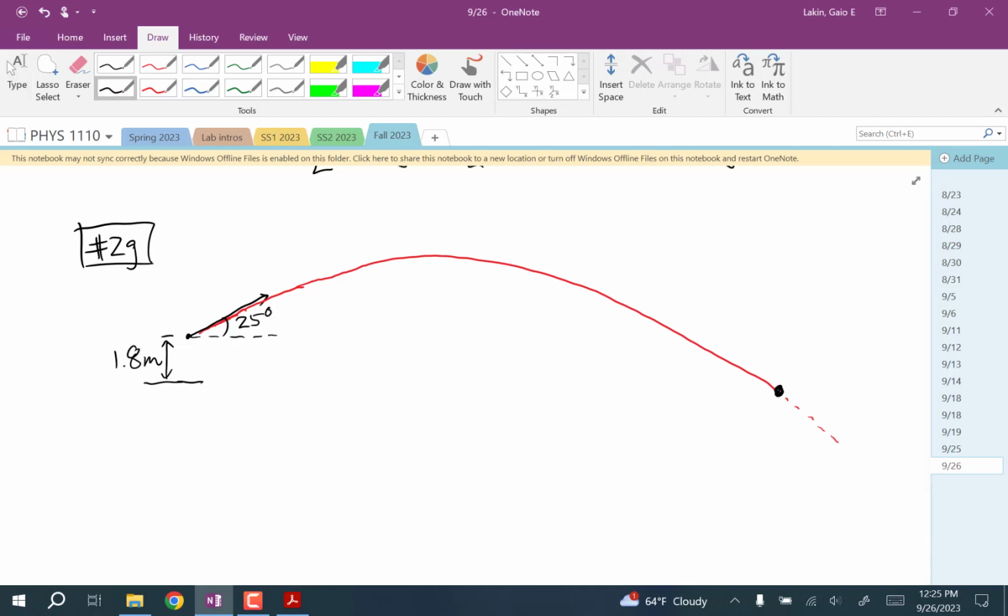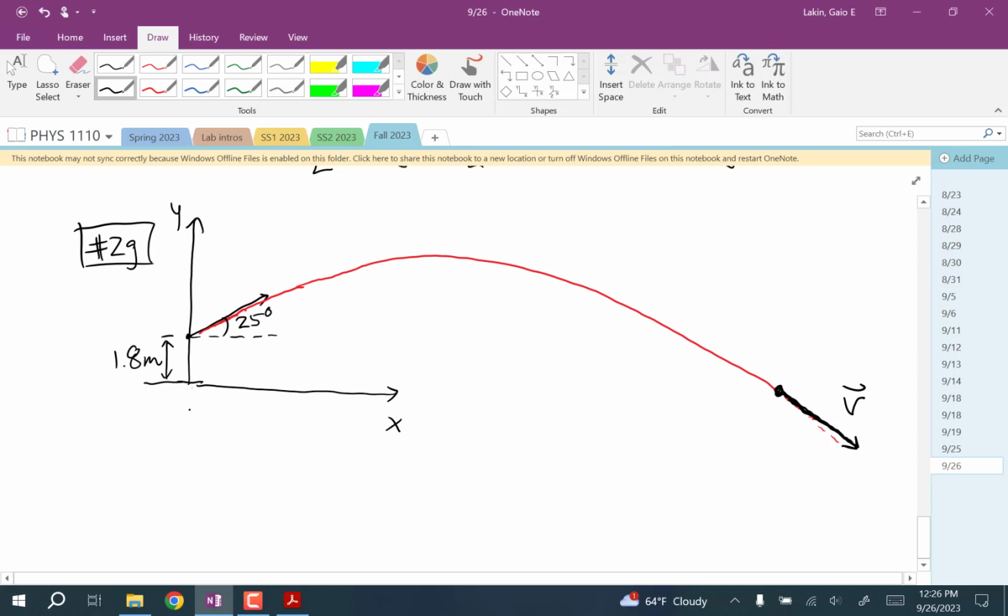But notice that the path of the ball is also a graph that you can draw in the XY plane. If this is your coordinate system, the velocity vector is going to be tangent to the path at this point, in the direction of motion, so this way. And so this would be the velocity vector.